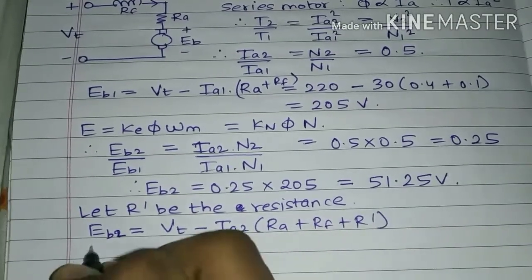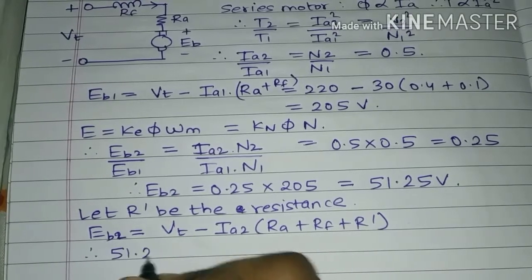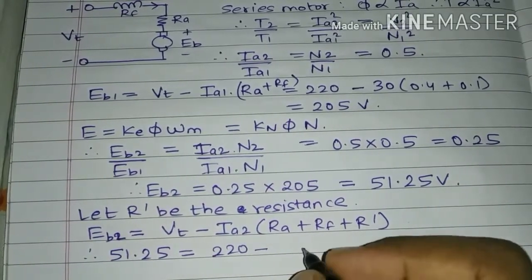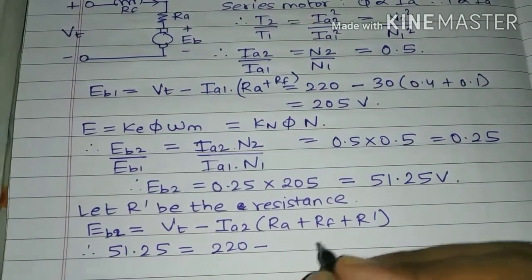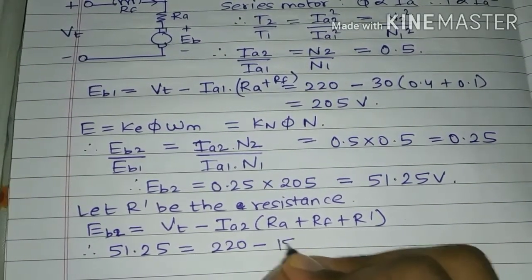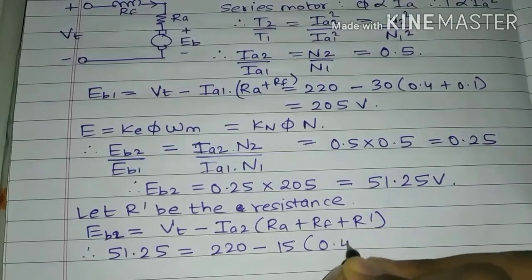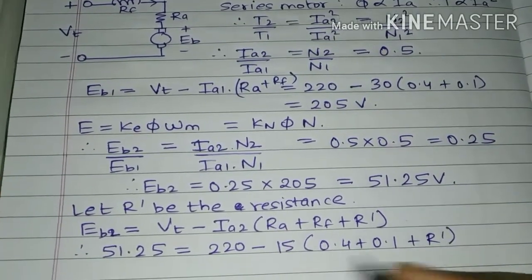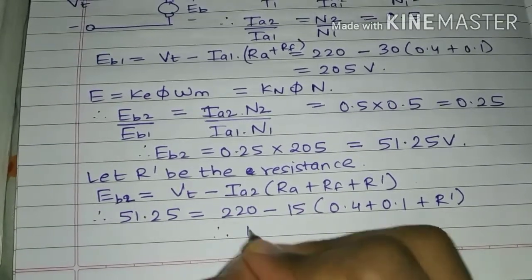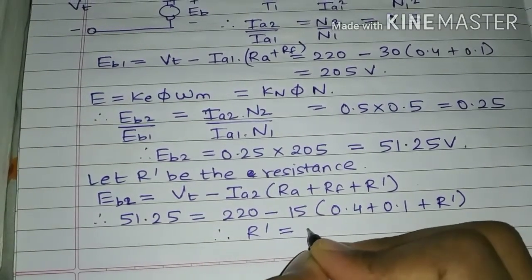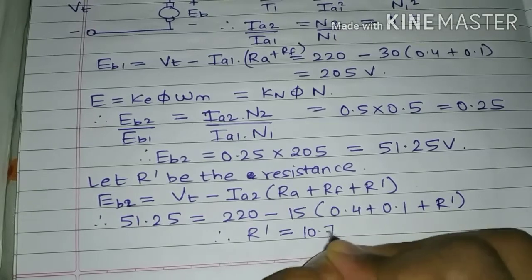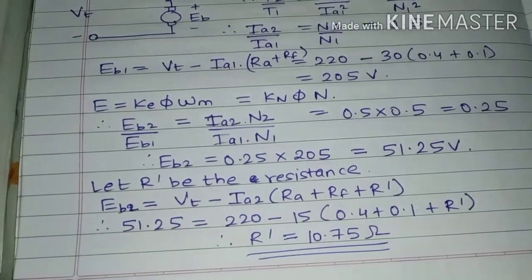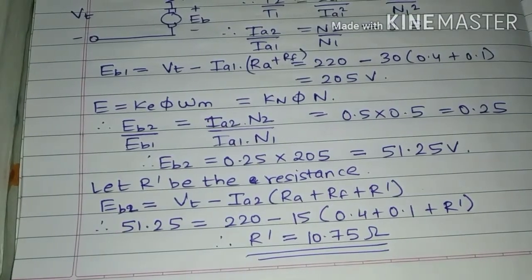Therefore 51.25 is equal to 220 minus 15 into 0.4 plus 0.1 plus R dash. On solving, we get R dash is equal to 10.75 ohms. So this is the value of the resistance to be added in series with the armature circuit.